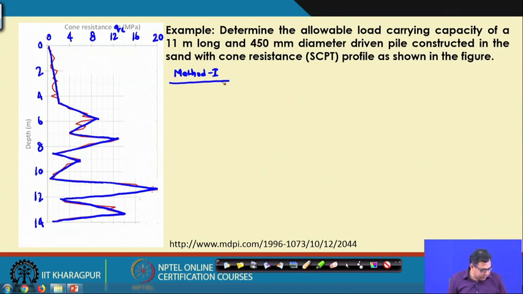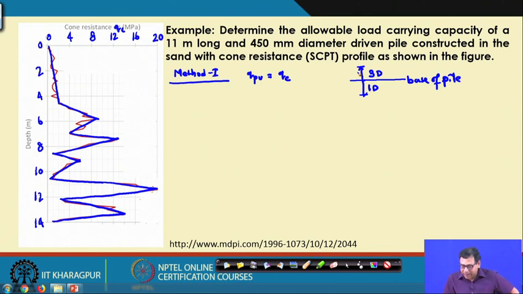In method 1, your equation was QPU equal to QC, where QC is the average from 1D below the base of the pile to 3D above the base of the pile. The pile length is 11 meter and the diameter is 450 millimeter.